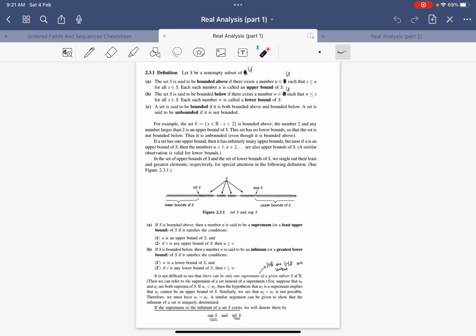We'll be playing with this definition a lot in real analysis, because many times when we have a limit of a sequence, it will be the supremum or a limit of a set. And we'll see more in the subsequent videos. But first you must understand what it means to be a supremum and what it means to be an infimum.